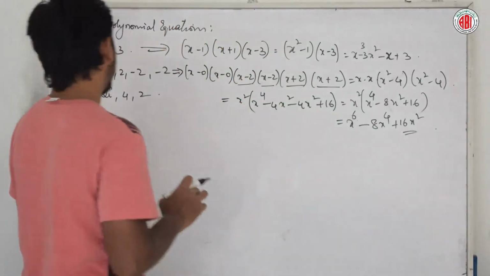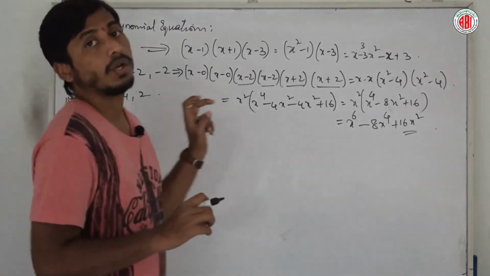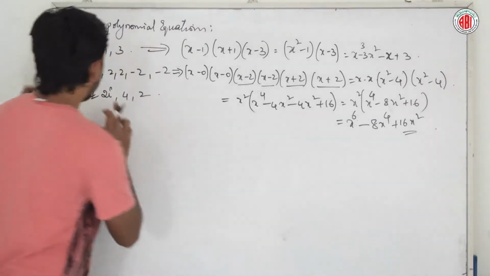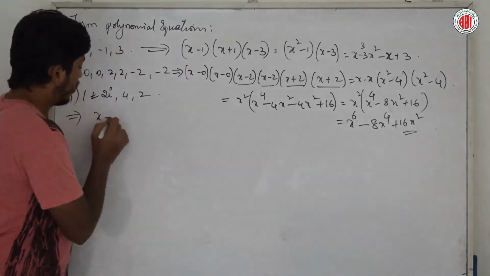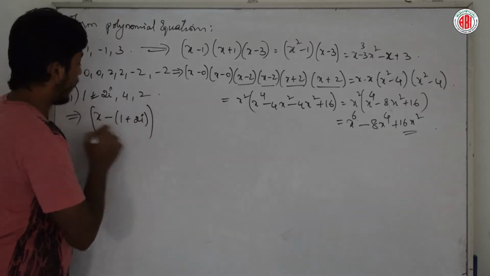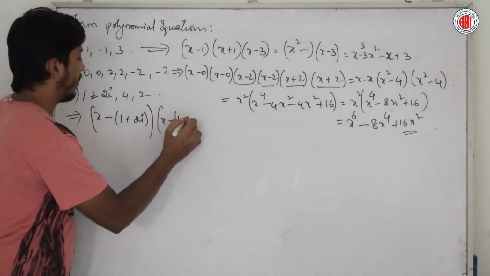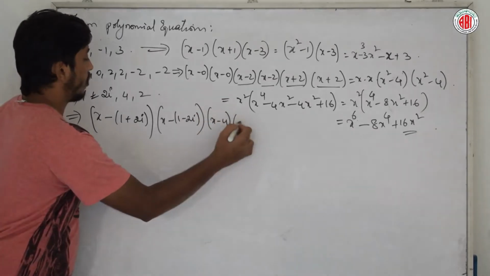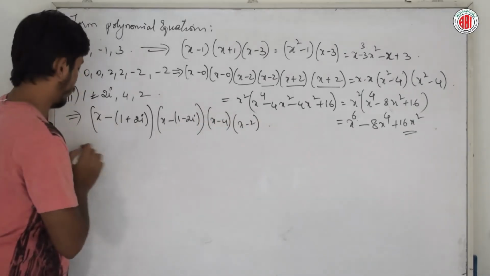Here, we are going to start using complex numbers. Right? See here. So, my first root will be 1 plus 2i. My second root will be 1 minus 2i. Third root will be 4 and fourth root will be 2.